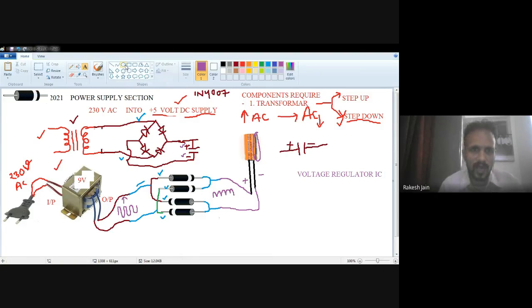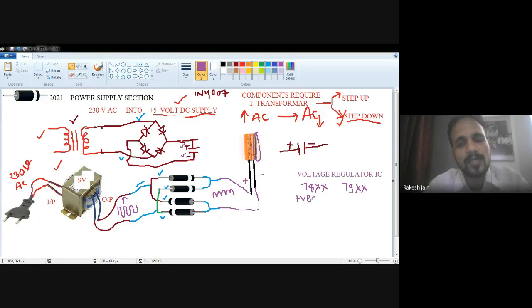The voltage regulator ICs generally available in the market are of the 78XX series, understand very carefully, and the 79XX series, which we have to use for the power supply. Remember this. 78 series means positive series, those ICs that generate plus voltage.